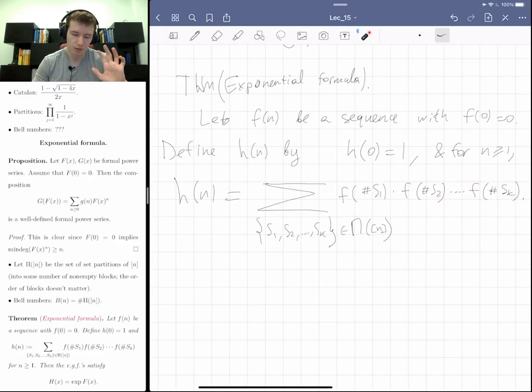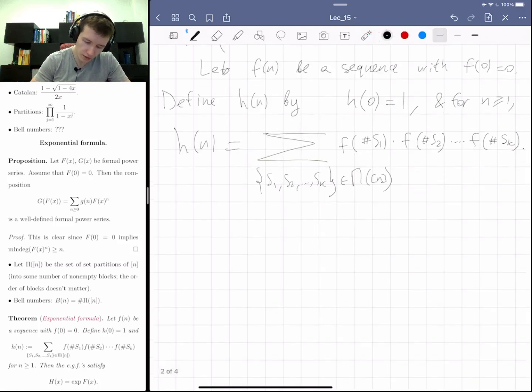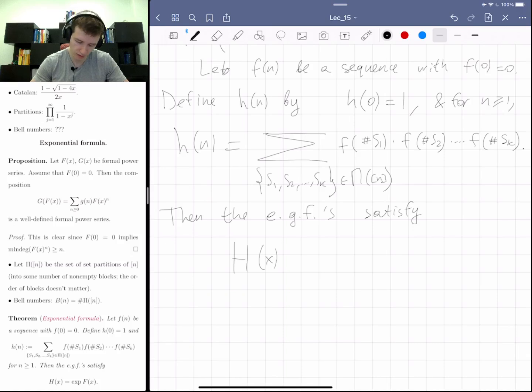Later we're going to see more examples of this, like maybe the blocks are connected components of some graph, and then f counts the number of connected graphs or something like this. So the conclusion is that the exponential generating function of h of n is the exponential of the exponential generating function of f of x.